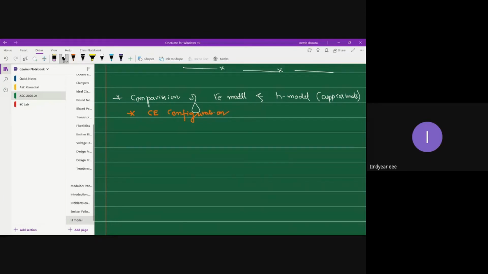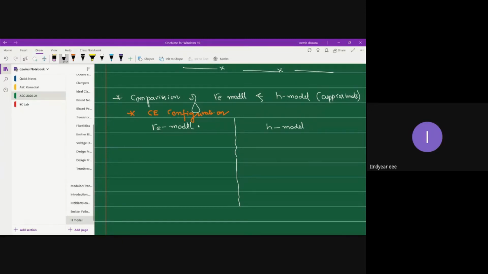On one side, let me draw the RE model in CE configuration, and on the other side, the H model in CE configuration. Remember, for the H model, I'm considering the approximate hybrid model.